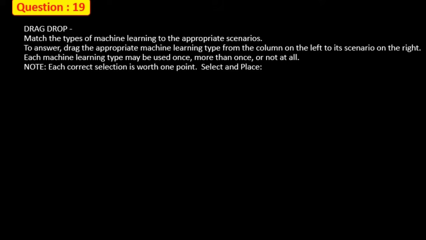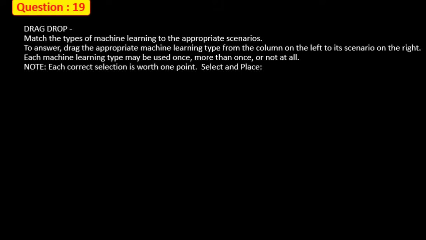Question number 19. This is a drag-drop kind of question. Match the types of machine learning to the appropriate scenarios. To answer, drag the appropriate machine learning type from the column on the left to its scenario on the right. Each machine learning type may be used once, more than once, or not at all.